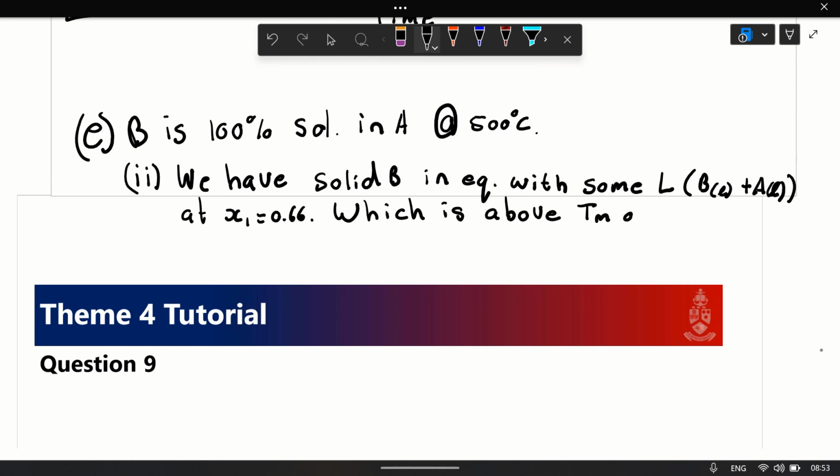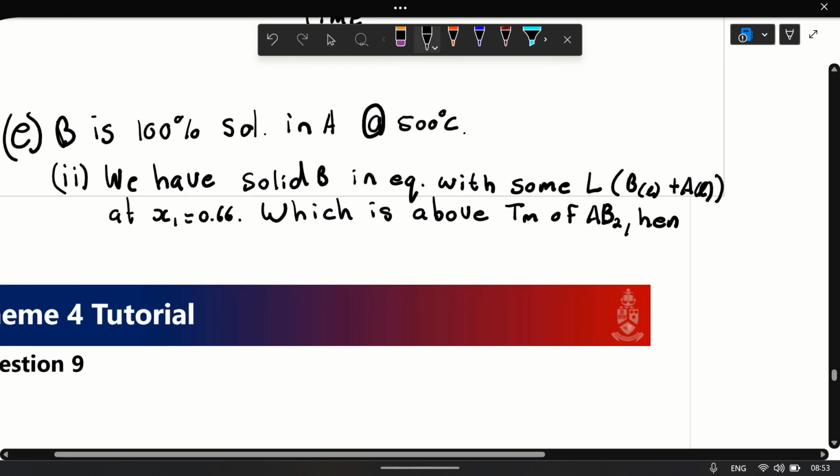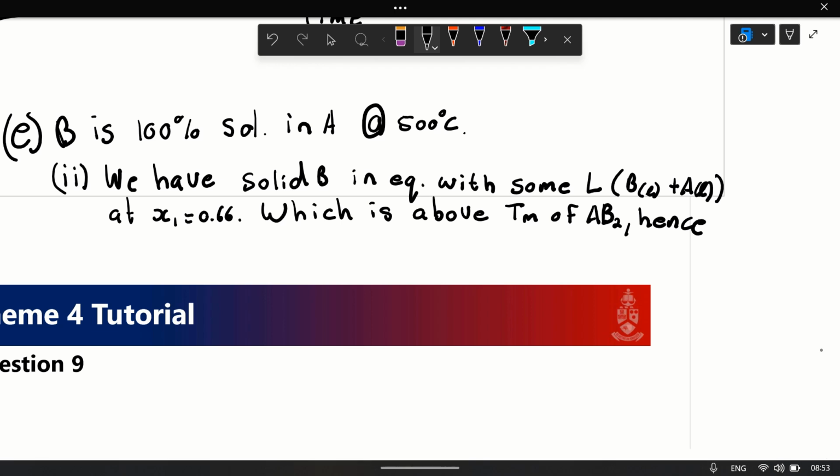Hence, you can either see it as no AB2 is soluble in A, because there is no solid AB2 to dissolve in A or dissociate into A, or you can give the counter argument in the sense that all the AB2 has dissolved into A.